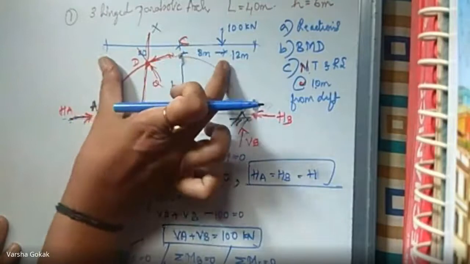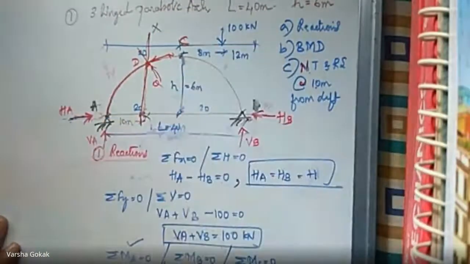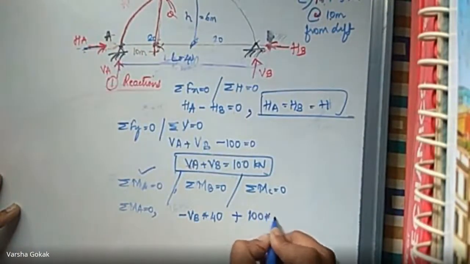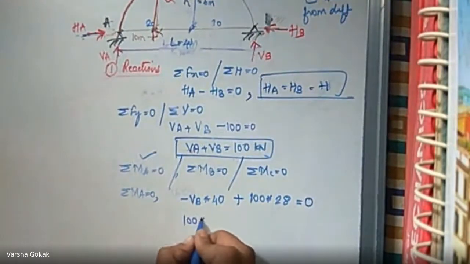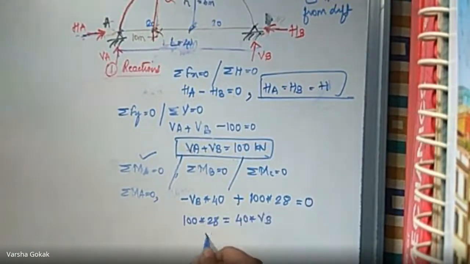This is 20, this is 8, so 28. 100 into 28 goes to A in a clockwise direction, so it is plus 100 into 28 equal to 0. Are there any other forces? No. So minus VB into 40 plus 100 into 28 equal to 0. From here I will get the value of VB: 100 into 28 is equal to 40 into VB. So VB would be 100 into 28 divided by 40. How much?